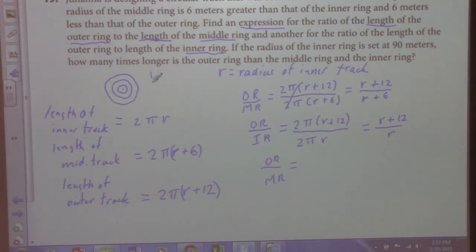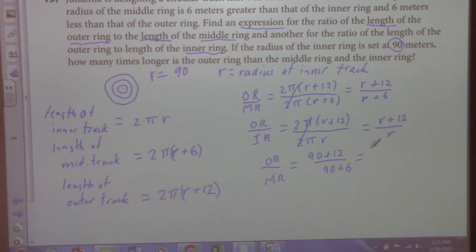R is equal to what in this case? 90. R equals 90, and so we can plug this in. Oh, that cancels out too, right? Outer ring, middle ring. So what is that going to be, and what is that going to be when we simplify that out?